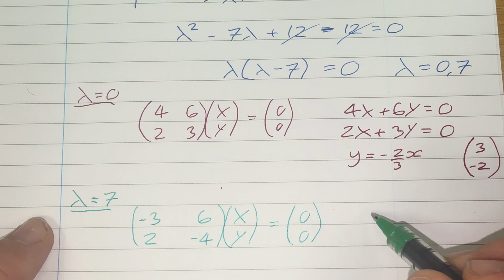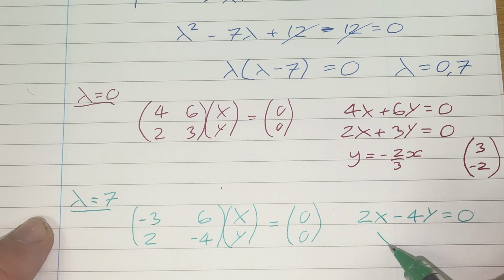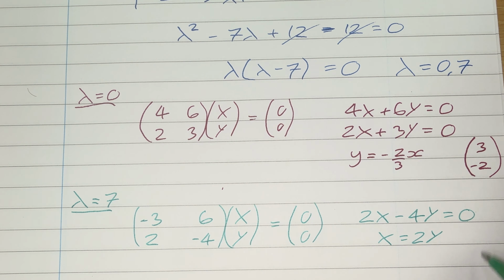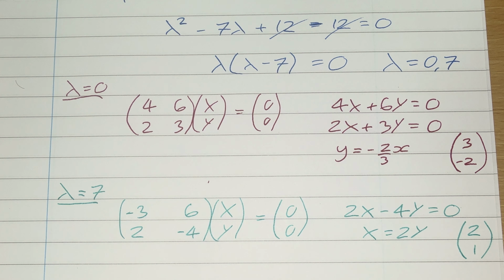We end up with 2x minus 4y equals 0, or if you like, x equals 2y. I just did the bottom line, but the top line will give you the same equation. So we just need to choose a value for x and a value for y that satisfies this equation, and that will be your eigenvector. The obvious choice would be 2, 1, but any non-zero multiple of that vector will be an eigenvector with an eigenvalue of 7.